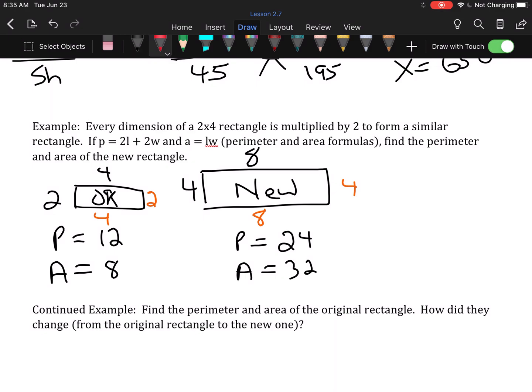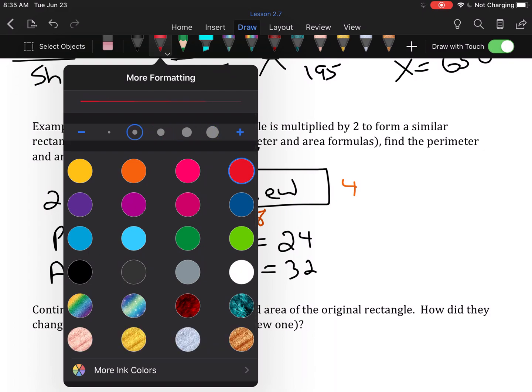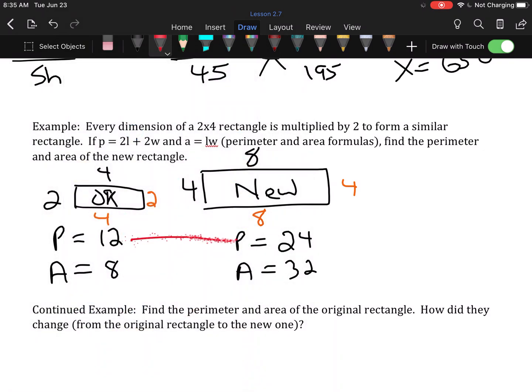What changed here? The perimeter doubled. The area quadrupled. To figure that out, you take the new perimeter divided by the old perimeter, and the new area divided by the old area. The question is, why is this true?